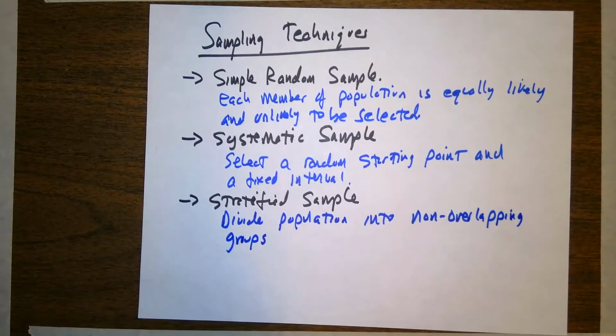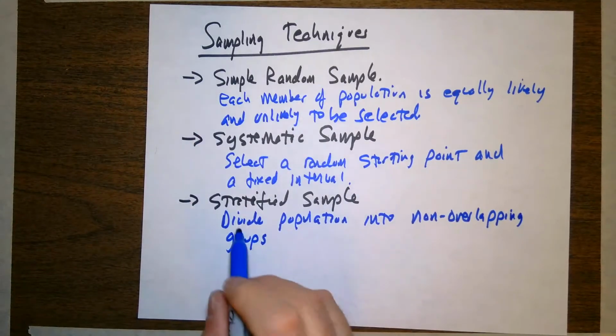And then we're going to choose a random sample from each of those groups. The groups, by the way, are called the strata.